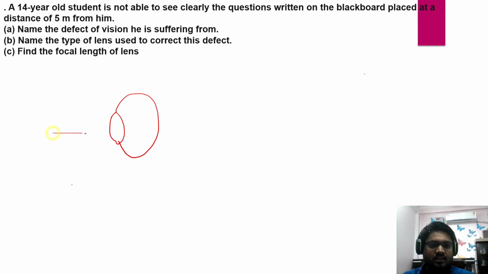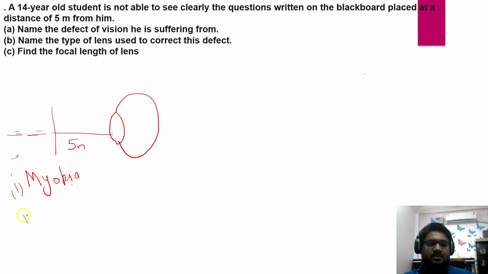Now he was not able to see the object beyond 5 meters, right? Below 5 meters he was able to see. So clearly he was not able to see the faraway object. That means he is suffering from myopia.